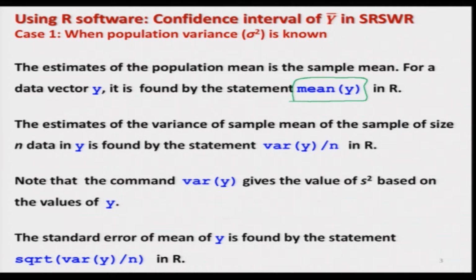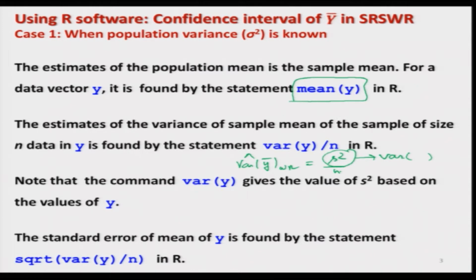In case of simple random sampling with replacement, the computation of variance of y bar is pretty straightforward. Why? Because if you remember, the estimate of variance of y bar under WR was s square by n, and in R the command var computes the quantity small s square.